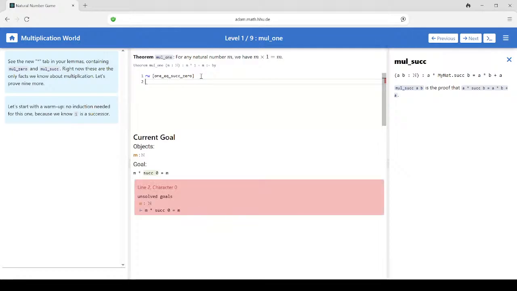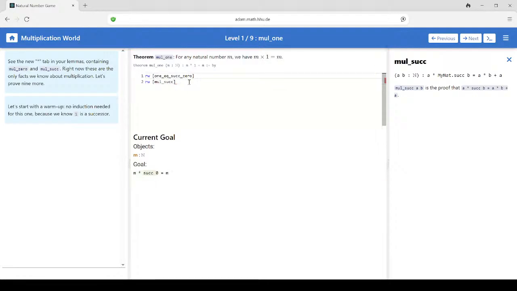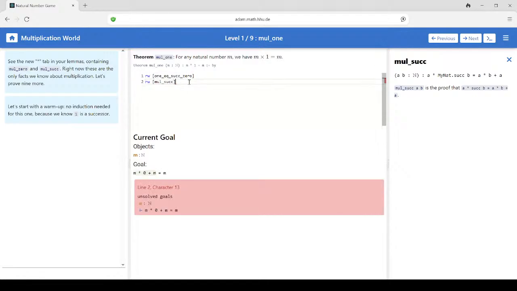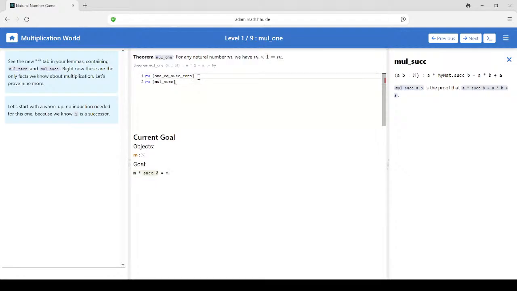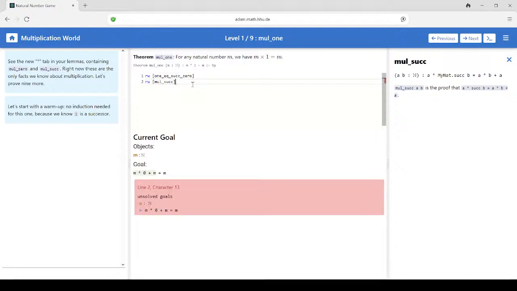Then we went ahead and we used this, rewrite multiply successor. Yep, that makes sense. Okay.